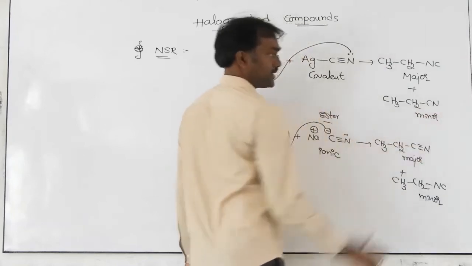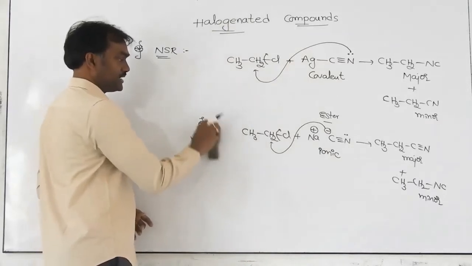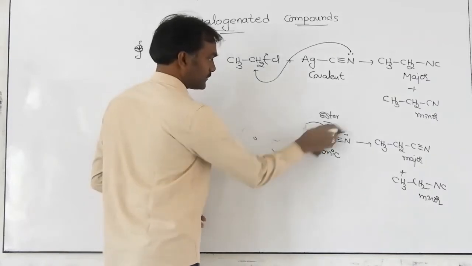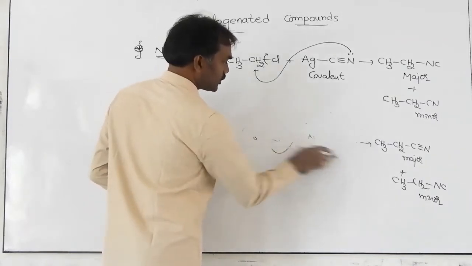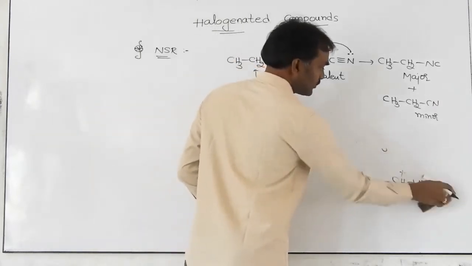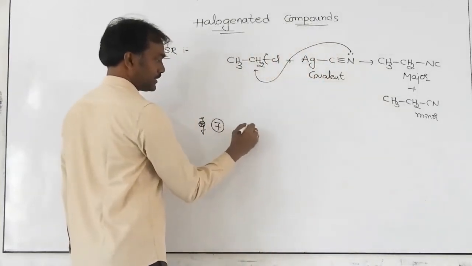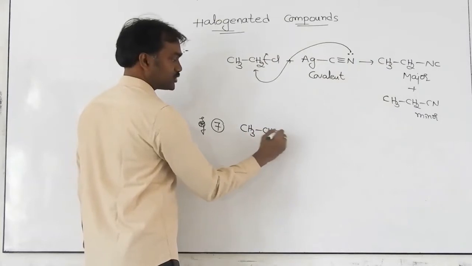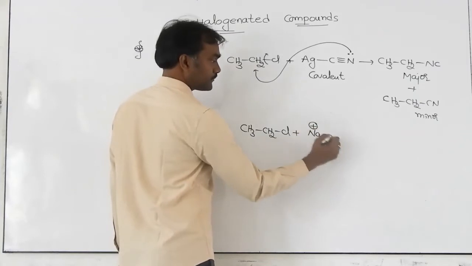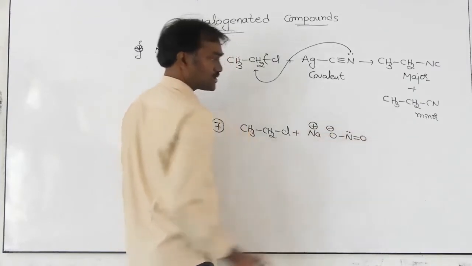From the entrance exam point of view, these are the important terms. Next, in a similar manner, the seventh one: instead of cyanide, nitro and nitrite compounds. Suppose alkyl halide CH3CH2Cl is treated with sodium nitrite, O minus N double bond O. Nitrogen also has a lone pair.